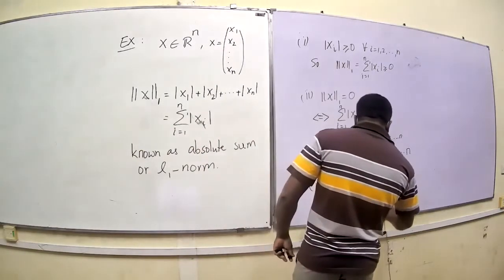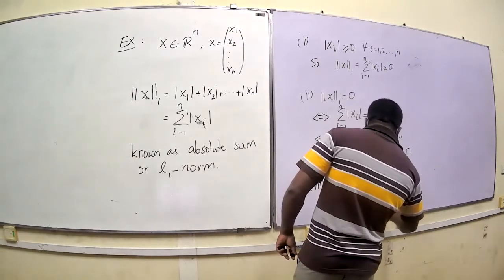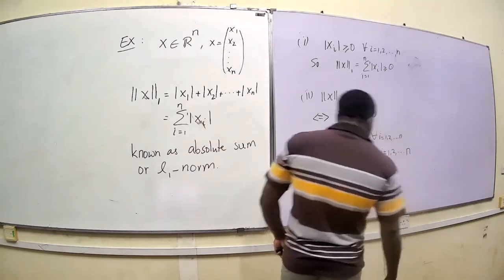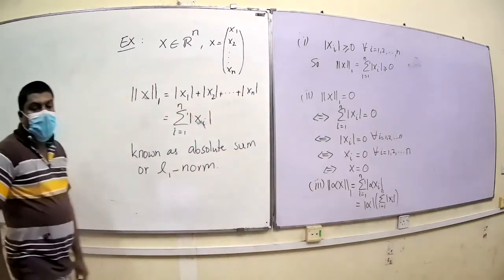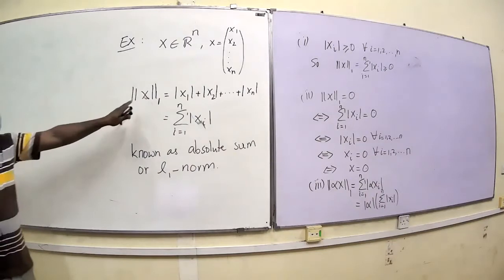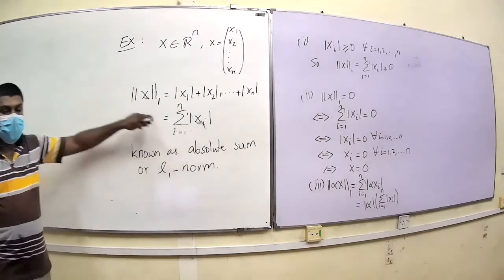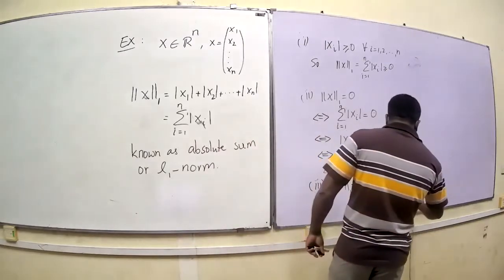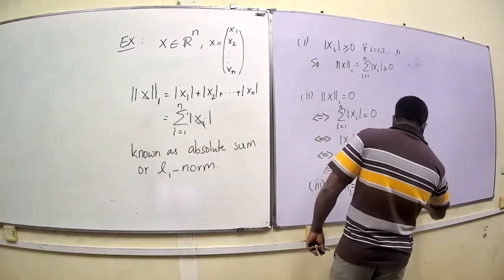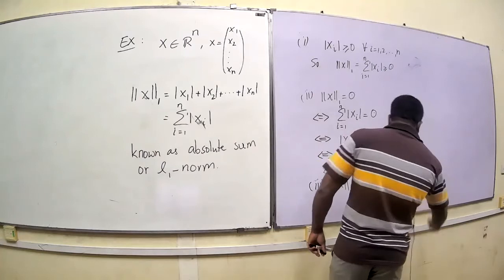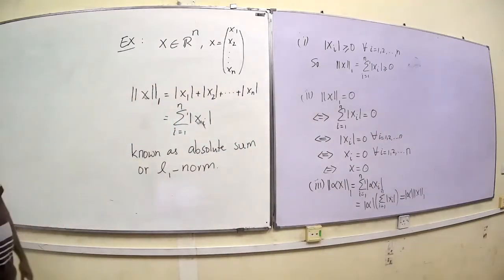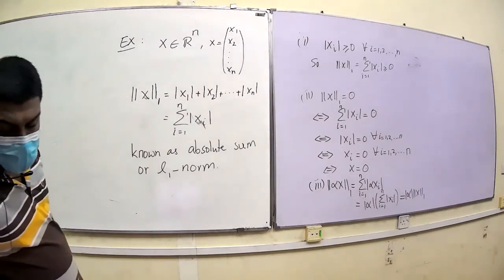When you take it out, you get the absolute value of alpha times the summation of i running from 1 to n of the absolute value of xi. But we defined the summation of the absolute value of xi as the 1 norm. So this is the absolute value of alpha times the 1 norm of x. That is the third condition. Fourth condition, triangle inequality.